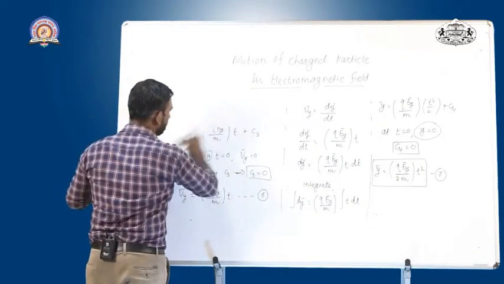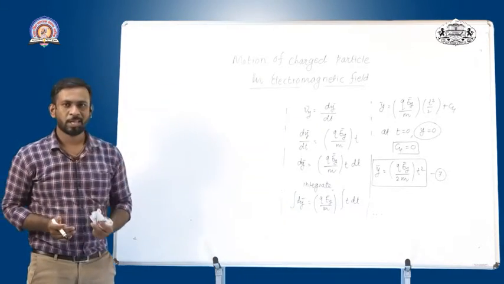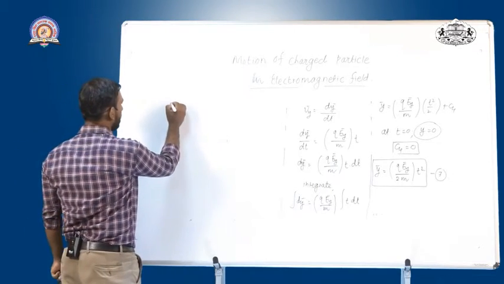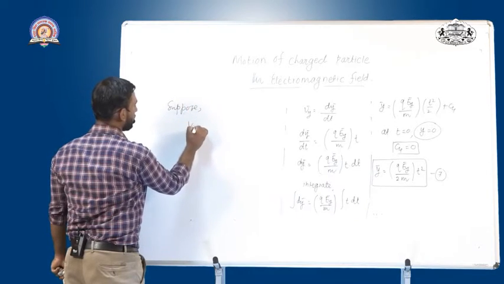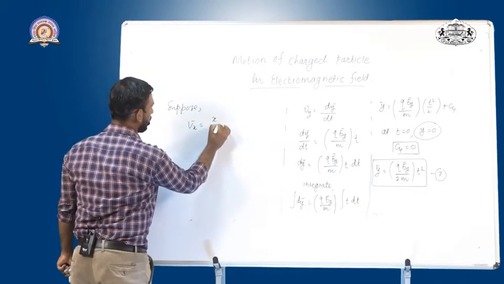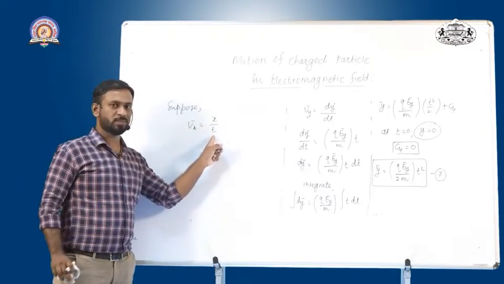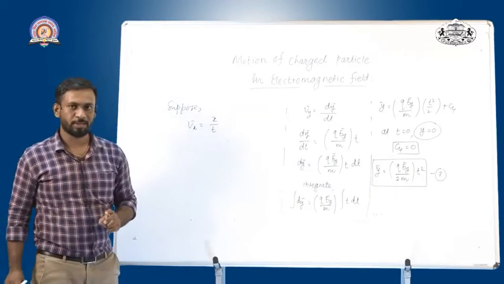Suppose V_x is the initial velocity of the charged particle. We can represent this velocity V_x is equal to x upon t. So x is the distance covered by the charged particle in time t, and this is the velocity along the x direction.